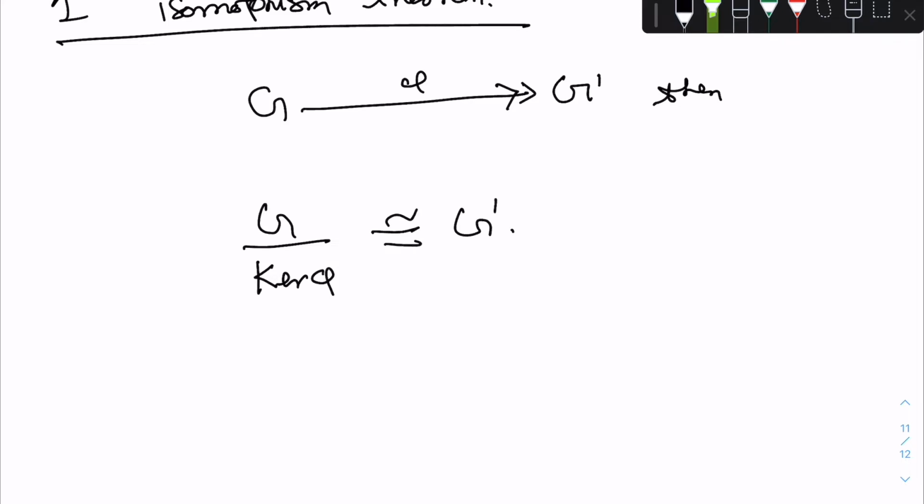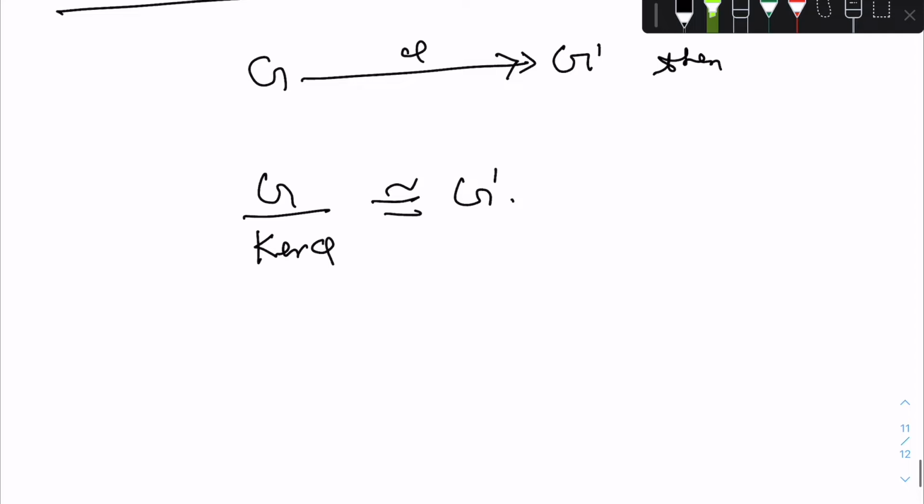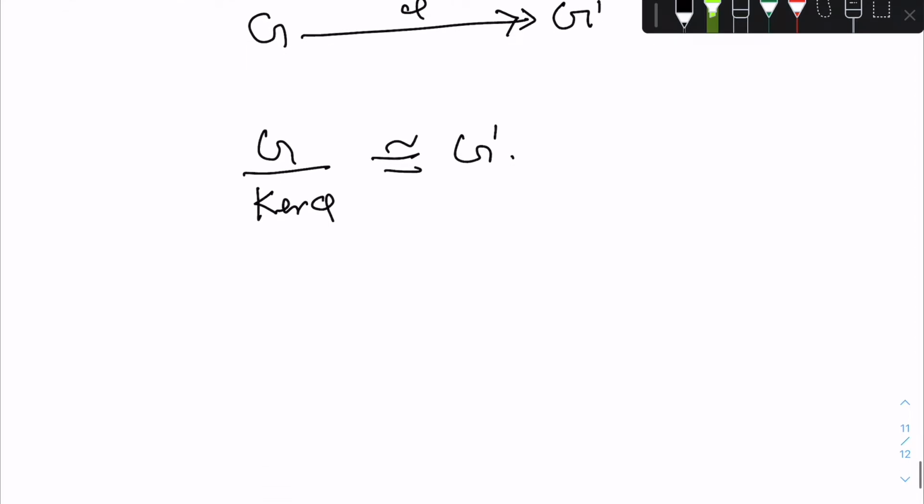I'm assuming you have some familiarity with the definition of kernel, homomorphism, and all those things. And the first isomorphism theorem is so fundamental. It's like a catalyst, coming and helping us. We will later on see proofs of this in some other video, but let us understand it here.